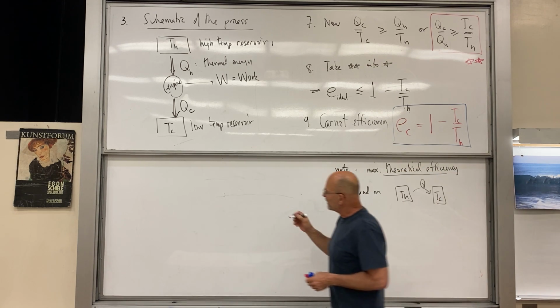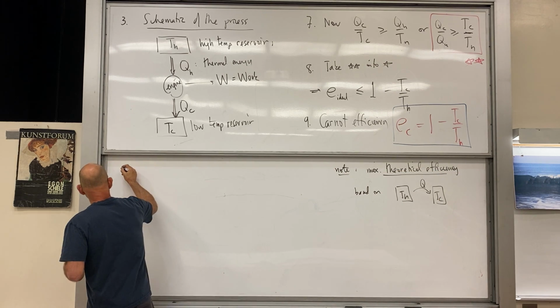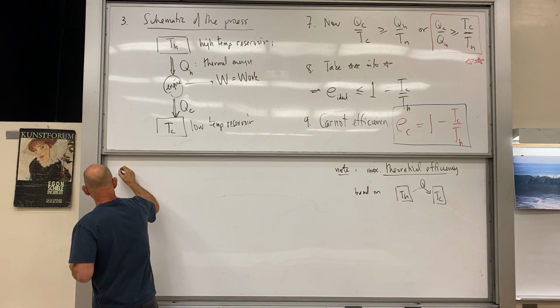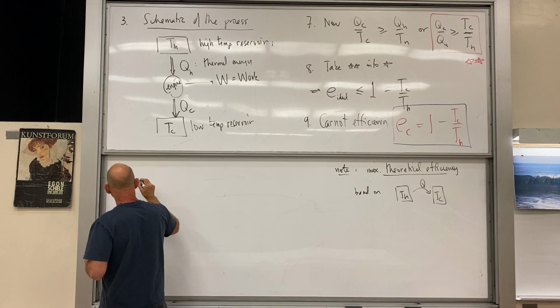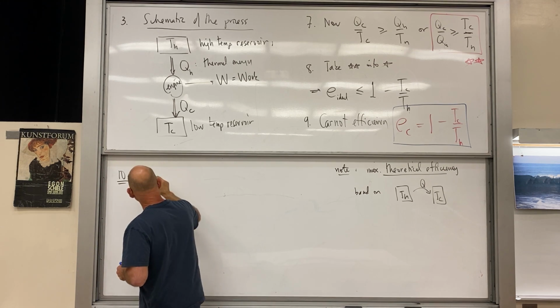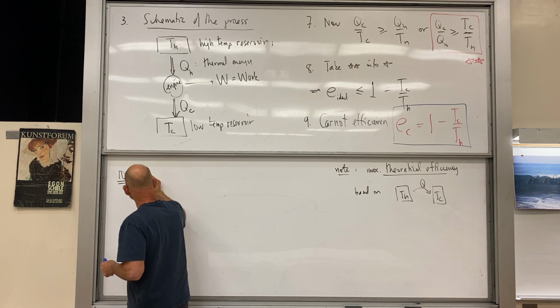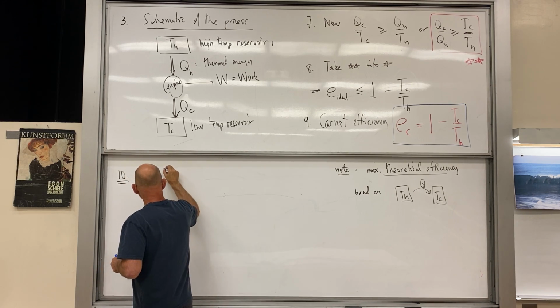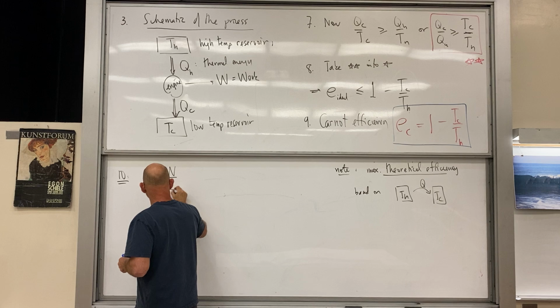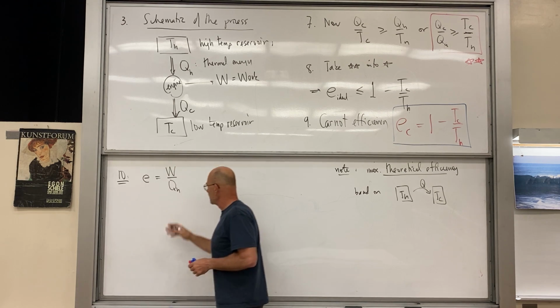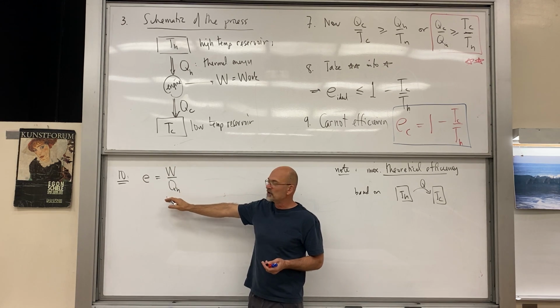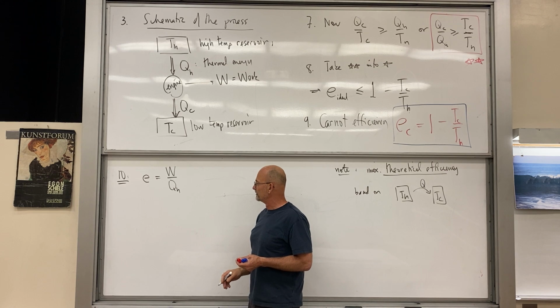Okay, I'm going to summarize these expressions now. So for our heat engine, we have a few relations. I just want to put them all together. We have efficiency in general is work obtained over thermal energy put in.